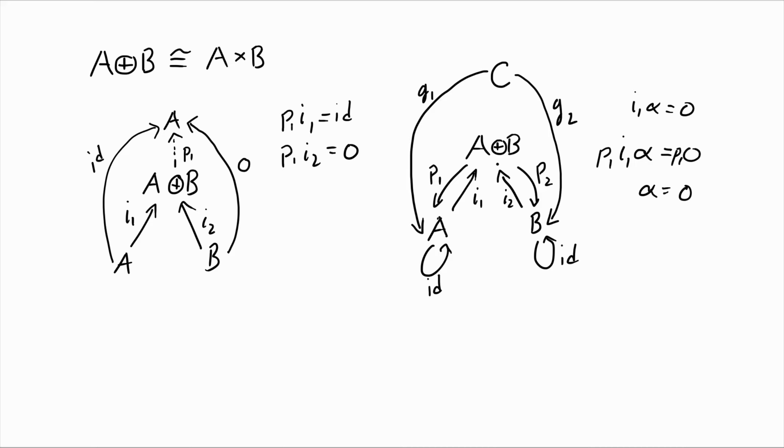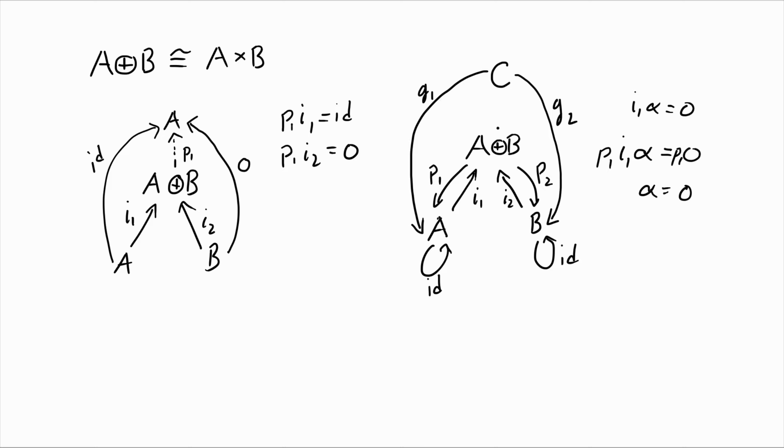And we think, all right, first of all, does there exist a unique map from C coming down to A plus B such that this will commute with the diagram with P1 and P2? That's the universal property of the direct product, and that would show that A plus B is isomorphic to the direct product. And then we're done. So let's think about how that would go.